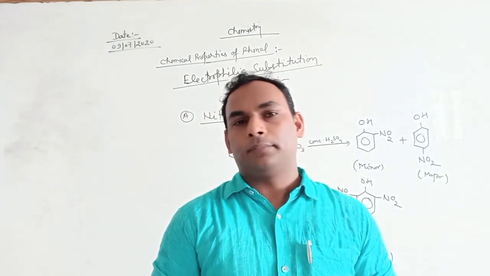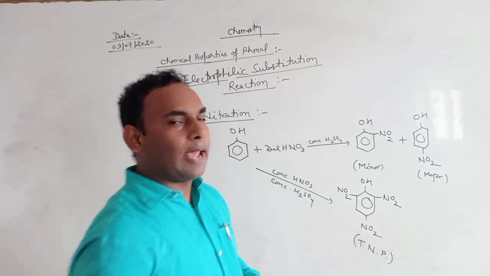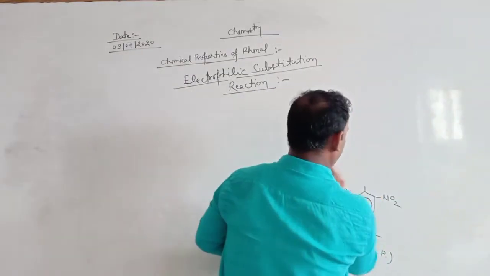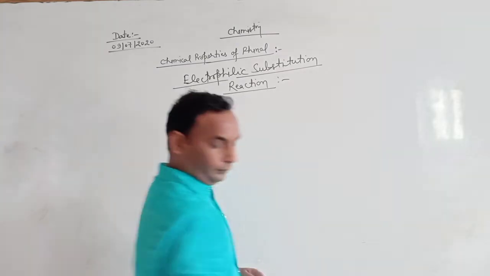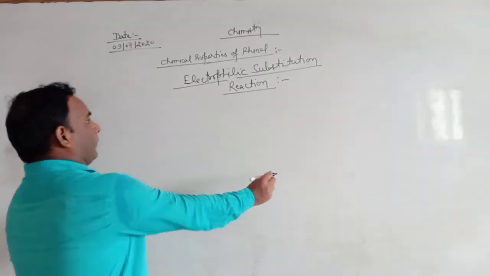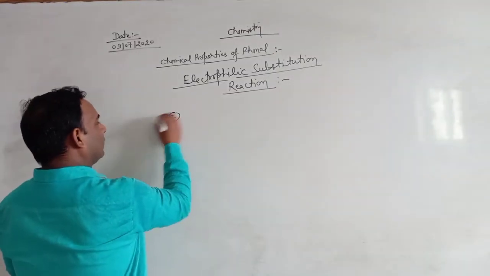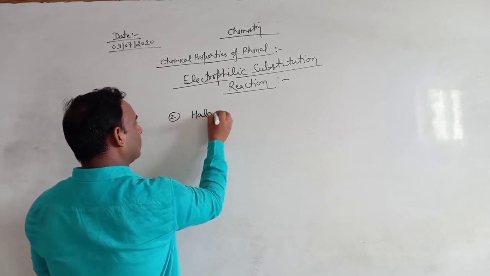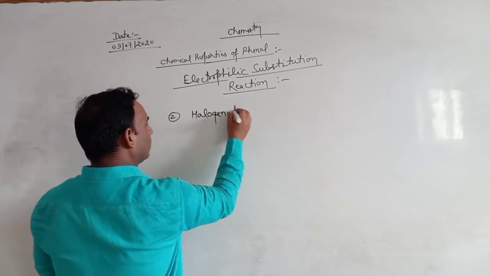Okay. Now let's see another electrophilic substitution reaction. The second is halogenation or bromination.